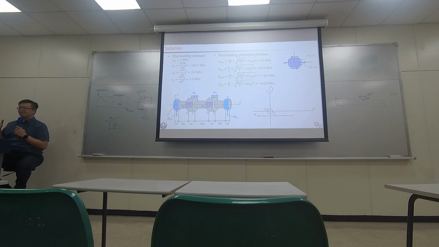Because the shaft is rotating, based on my calculation, I realized the first principal stress has a mean value of 3.2, but the amplitude is 100. So the mean value of S1 is right here, plus or minus 100. Okay? And the principal stress number 2 is the same, with a small amplitude.